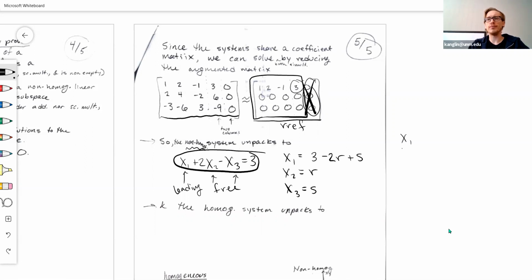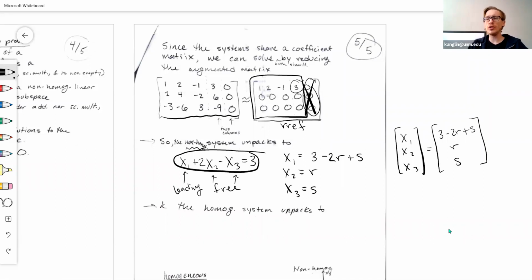We'll take it over here. So we can think of this as a solution vector. The solutions to the system we started out with form a vector like this: x1, x2, and x3, where x1 is 3 minus 2r plus s, x2 is r, and x3 is s.